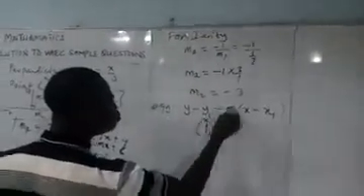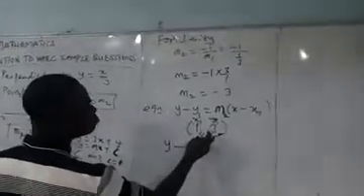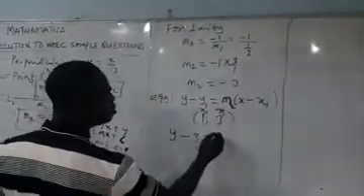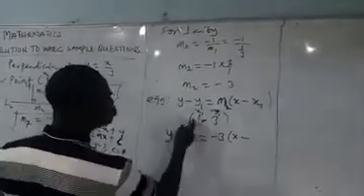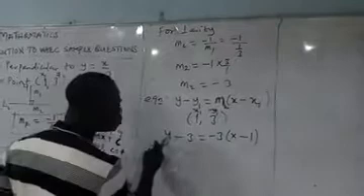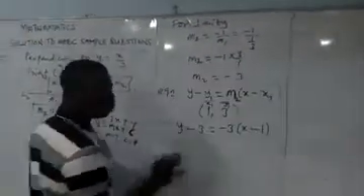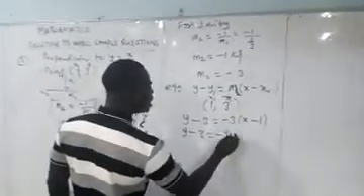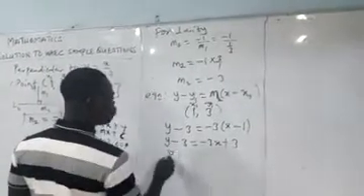So this is our m2. Now y minus y1, that is 3, equals m2, the new m, minus 3, into x minus our x1, the first point. This y and x are fixed. They are the ones that will form the equation of that line. So this is going to be y minus 3 equals minus 3 times x minus 1, which gives minus 3x plus 3.